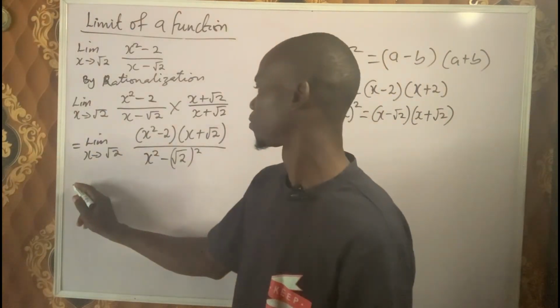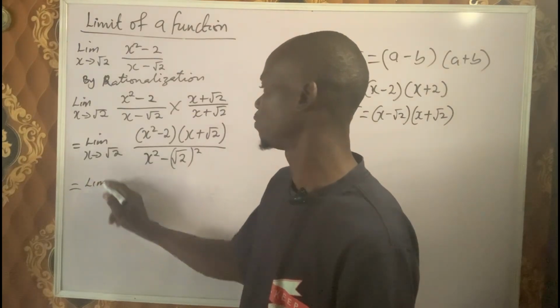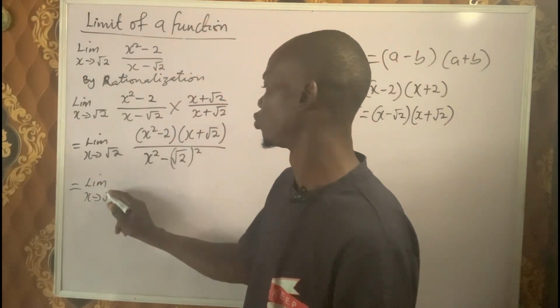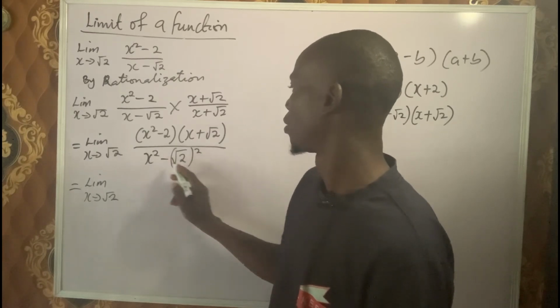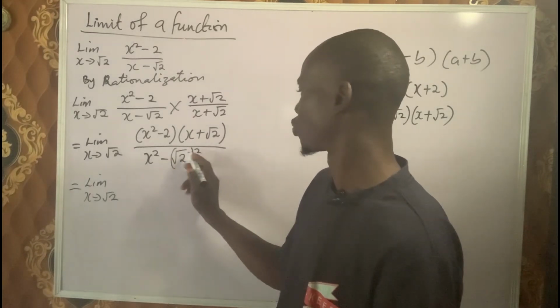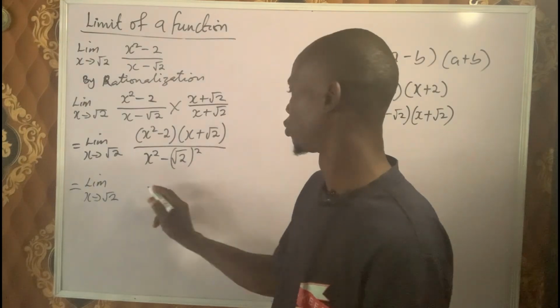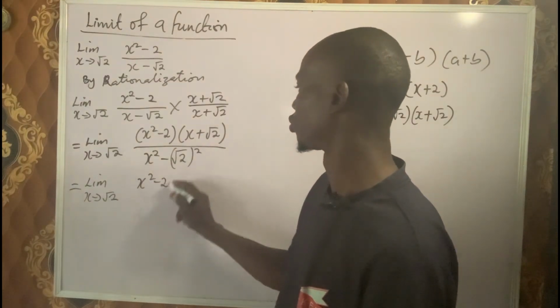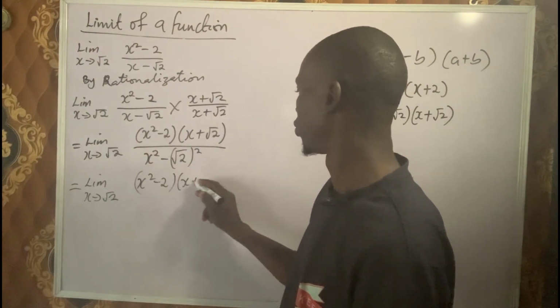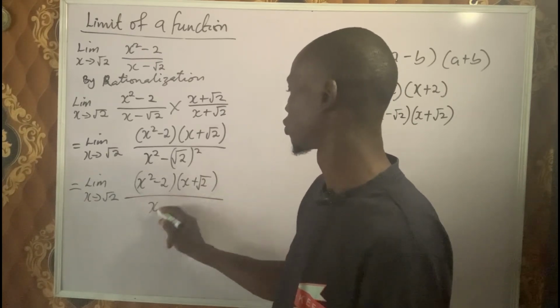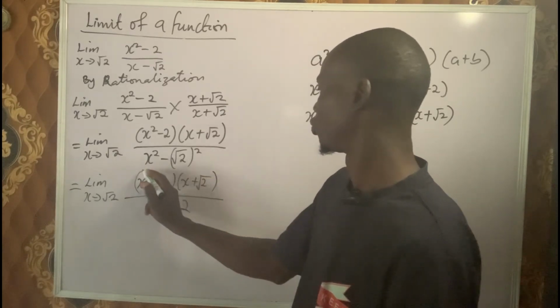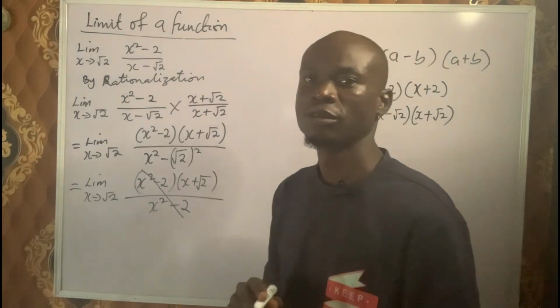From here, we're now having the limit as x tends to root 2 of x squared minus 2, because the square will cancel the square root, times x plus root 2, all over x squared minus 2. So this is gone. Are you seeing it?